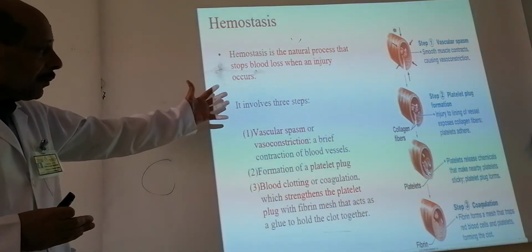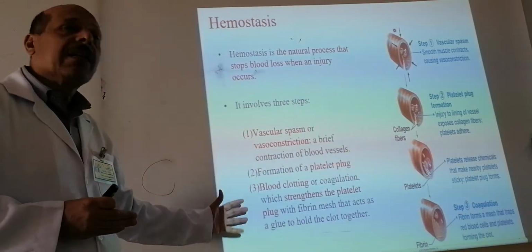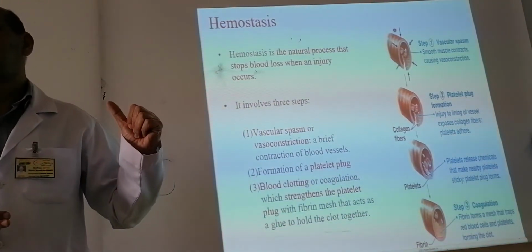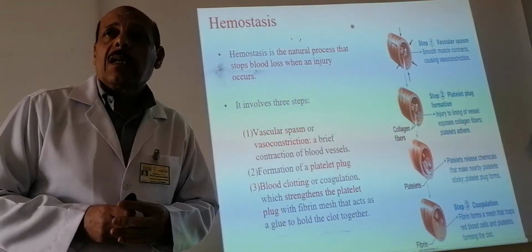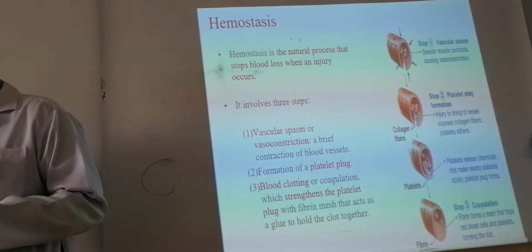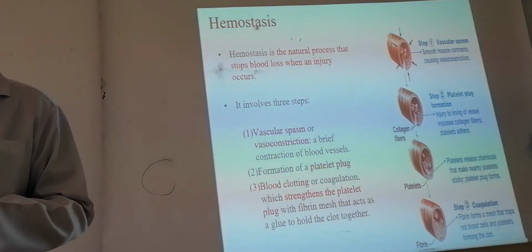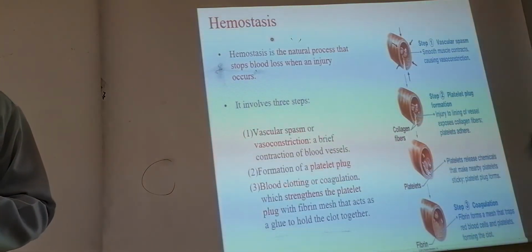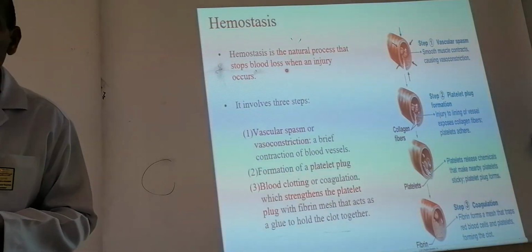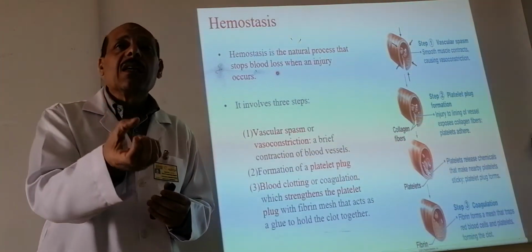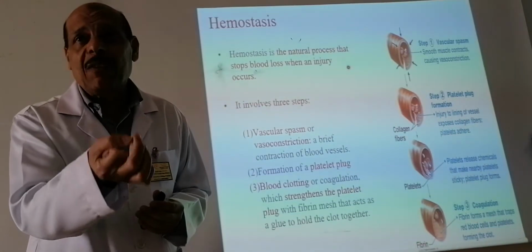So it involves three main steps. The first one is vasoconstriction. In order to decrease the amount of blood flow, what will happen? There will be constriction of blood vessels.